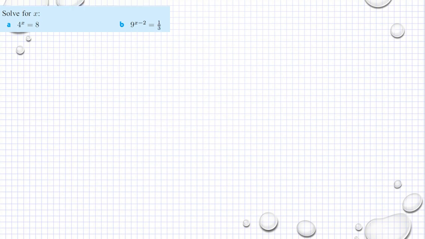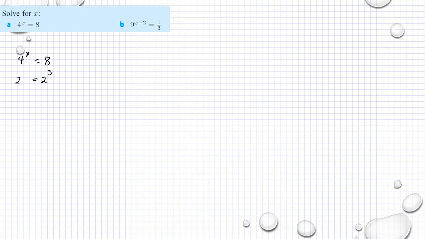Let's see if we have more examples. This one: we have 4 raised to x is equal to 8. We know that 8 is 2 raised to 3. So we need to transform 4 so that the base will be 2.